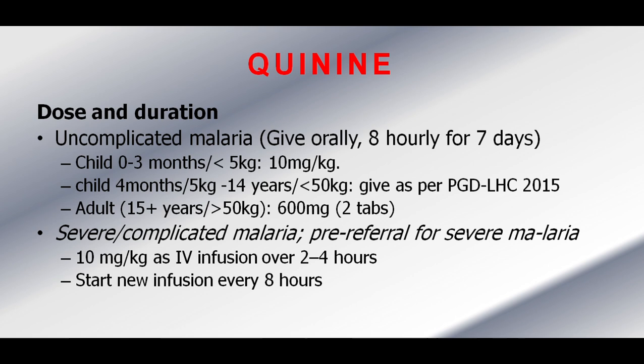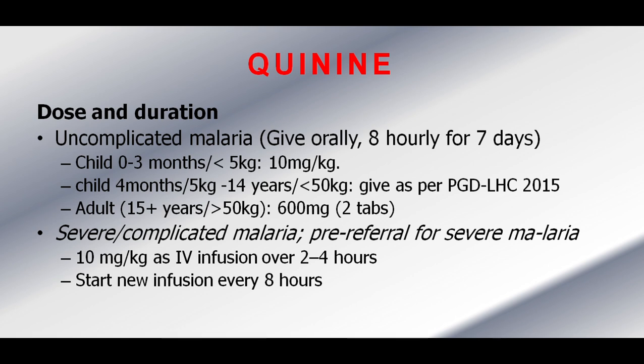Then for a child that is between 4 months or 5 kilograms to 14 years but less than 50 kilograms, you give as per practical guidelines of dispensing lower health centers 2015. So for adults that are more than 15 years or they are more than 50 kgs, you give 600 milligrams. Those are 2 tablets. That is in uncomplicated malaria.